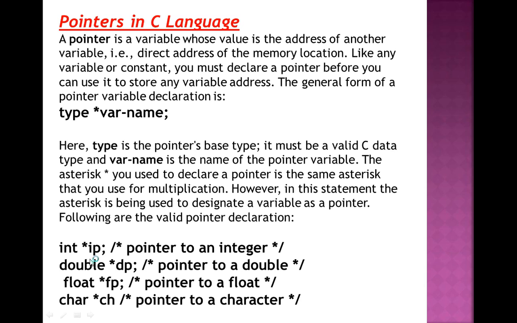This is int *ip, that is, ip is a variable that stores an address of type int. This is double *dp, so dp is a variable that stores the address of data type double. fp is a pointer that stores the address of a variable of type float. In the same way, we can also declare for char.